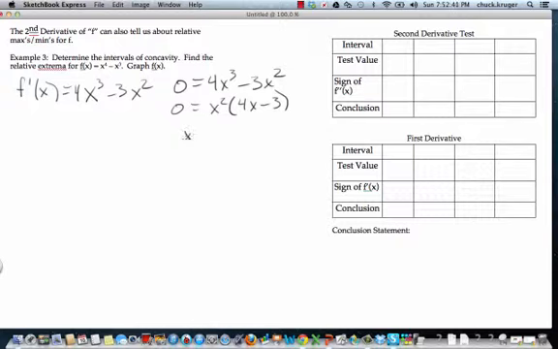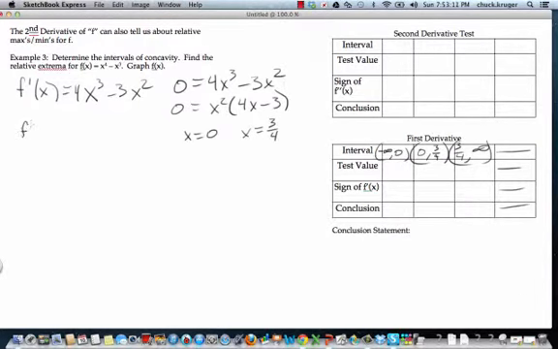You can see that x equals 0 is a critical number on f, and x equals 3/4 is a critical number on f. I think I again made too many columns, so I'm going to cross those off. And I have negative infinity to 0, 0 to 3/4, and 3/4 to positive infinity. All right, and that's for my first derivative.